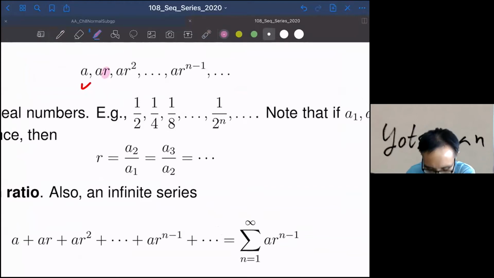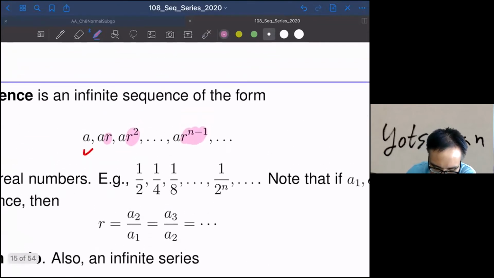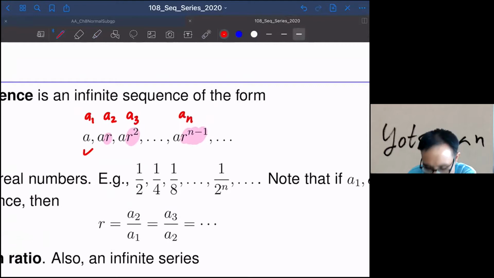And the next term, the consecutive term of AR, turns out to be just a multiple of AR, so it's going to be AR squared. So you see that the criterion for being a geometric sequence is you have A1, A2, A3, and AN here.